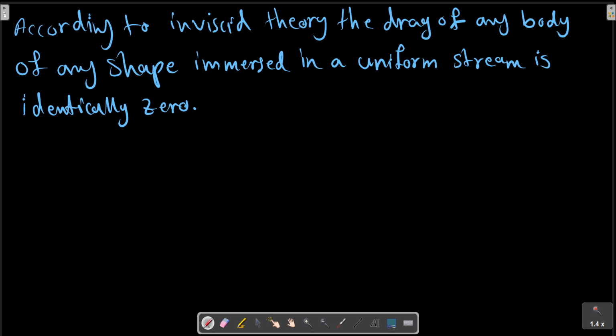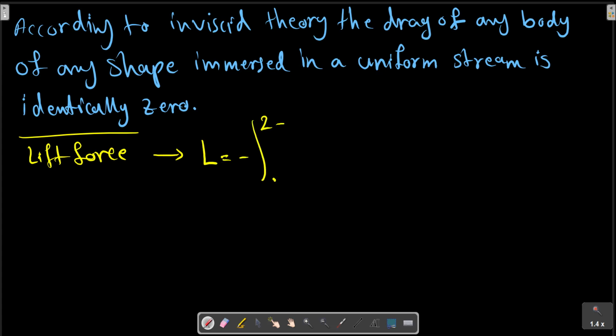For example, the lift force L normal to the stream, taken positive upward, is given by the summation of vertical pressure forces, which is obtained from this relation for lift force, with sine theta d theta.